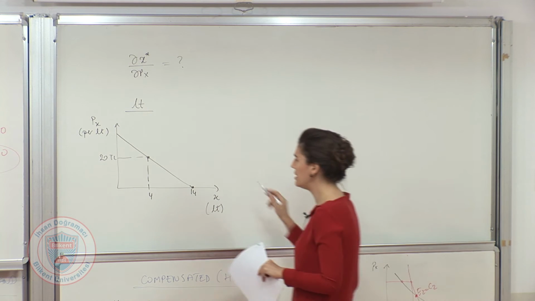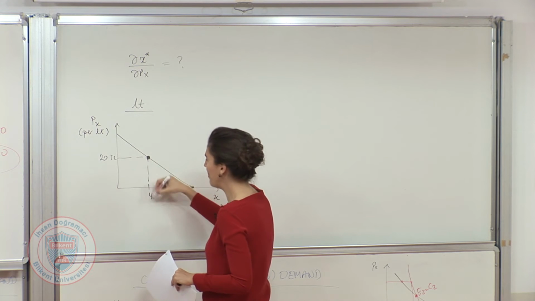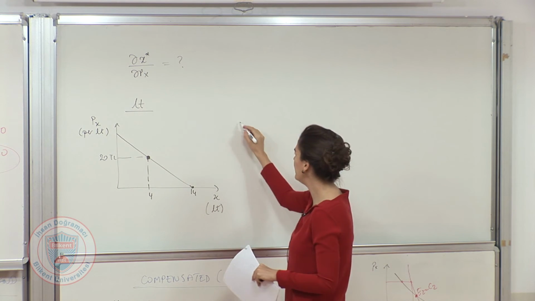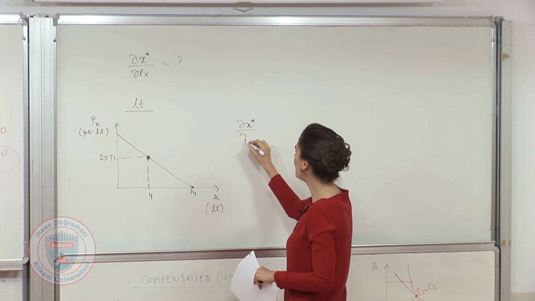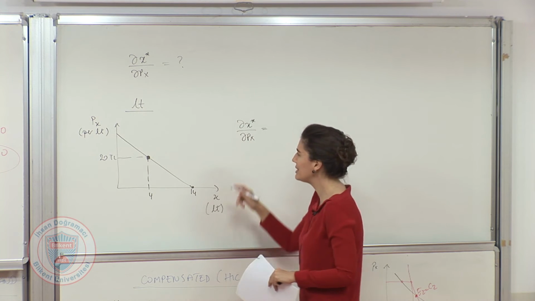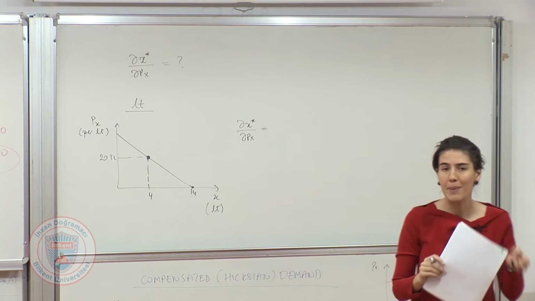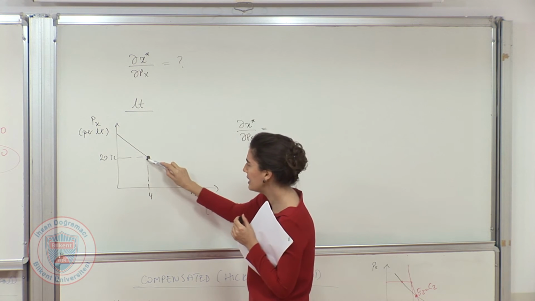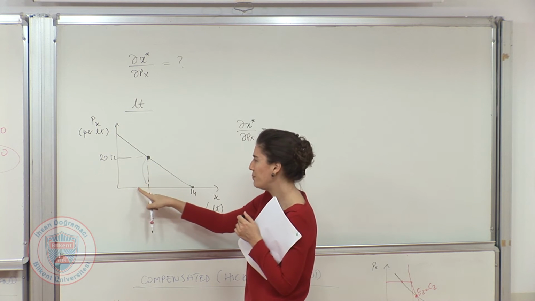This is the price per liter of caramel macchiato, and this is a point on the demand curve. If the price of X changes, what is the change in caramel macchiatos? It's this derivative, but divided by the change in PX.